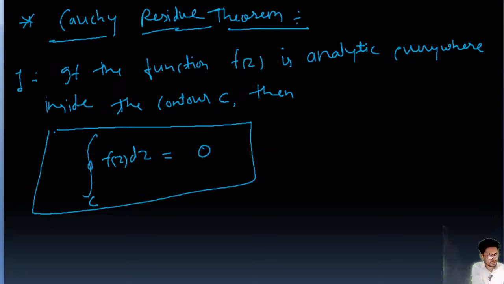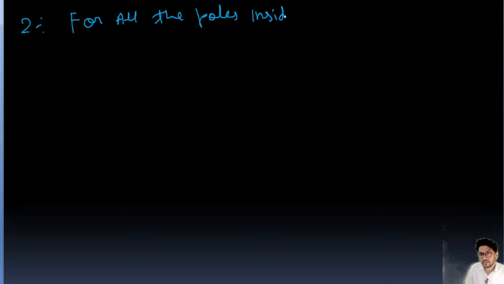Next is for all the poles inside the contour C. So if there are poles inside the contour C, the function is not analytic everywhere inside the contour, right?